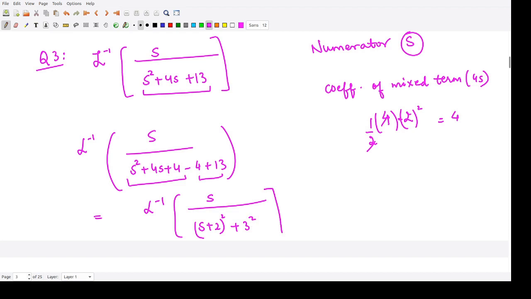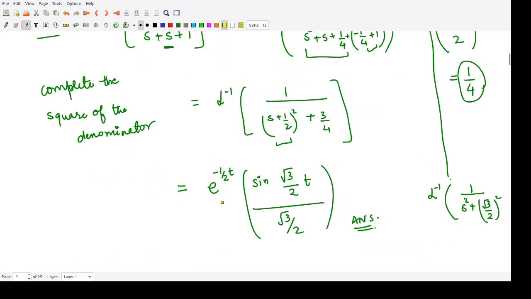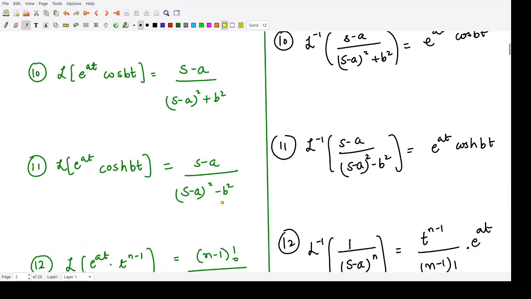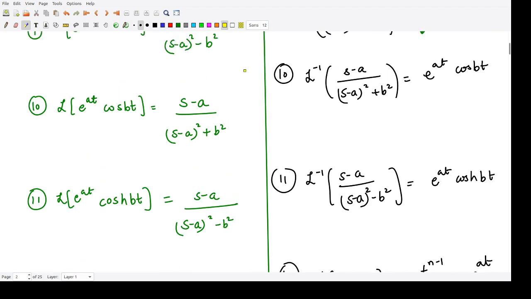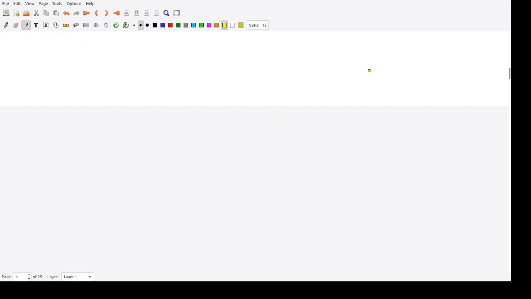So now when you have to apply the Laplace inverse, this term over here should be equal to this term. So which formula would you use? You have to use a formula of this kind. So for that this term should be equal to this term. We'll make that first and then we'll apply the formula.